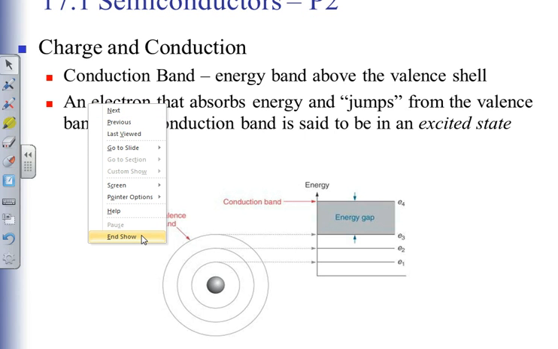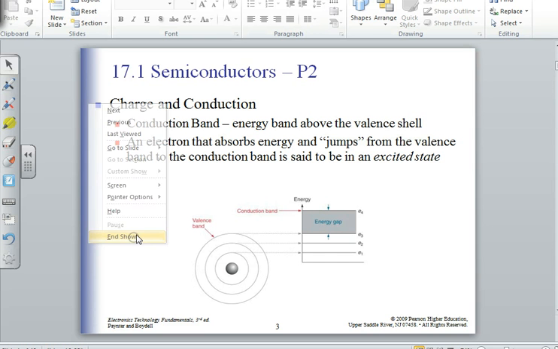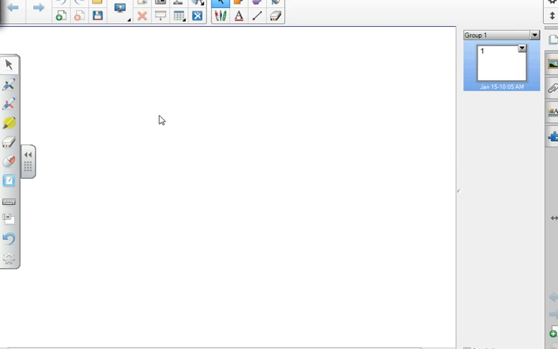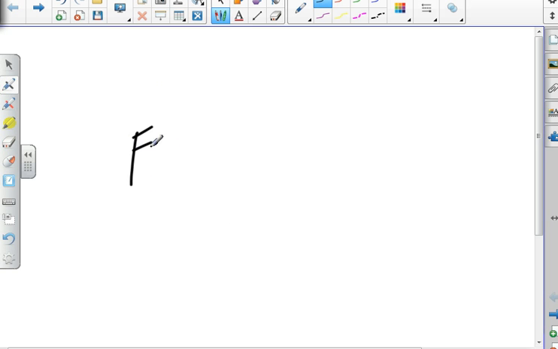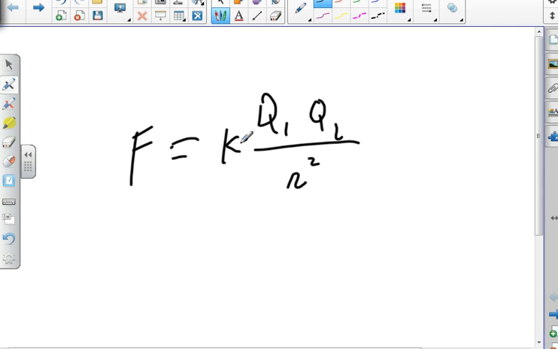It says the force is two charges, Q1, Q2, over the radius between them squared, times some constant. This constant is a very big number, 9 times 10 to the 9th, which is almost 10 to the 10th.